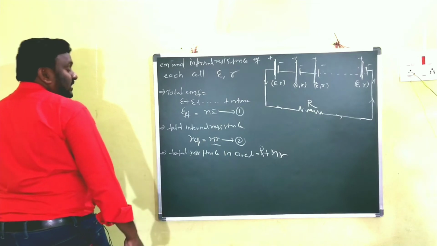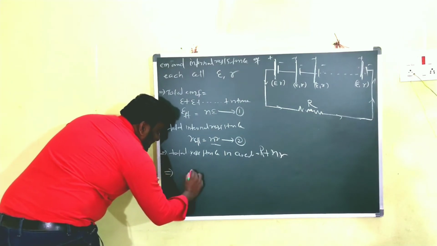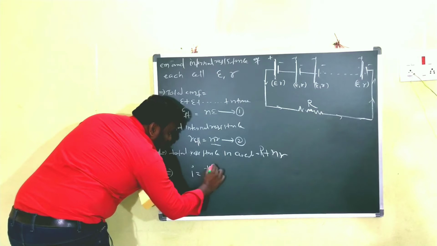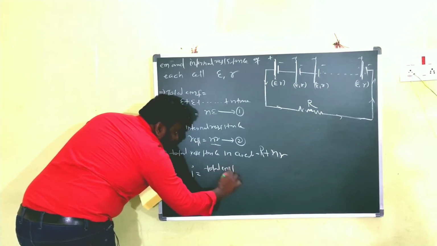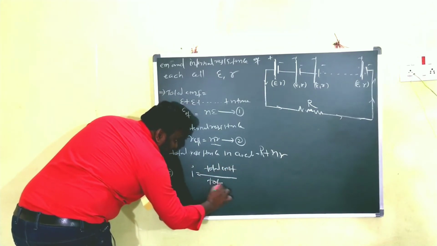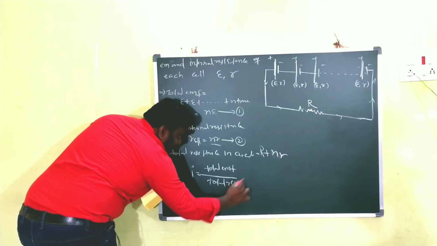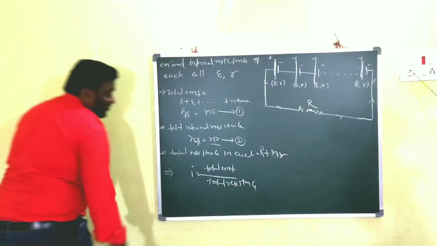Clear, children? And we already have a formula: current is equal to total EMF by total resistance. This is one more formula for us.